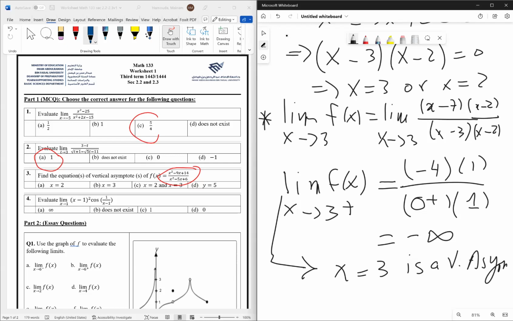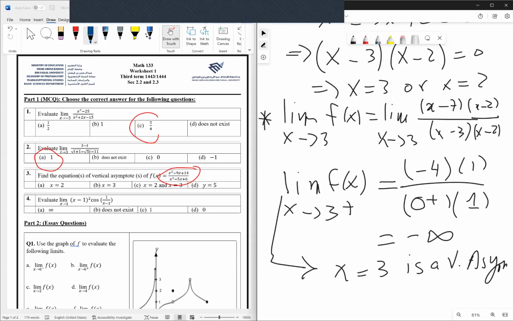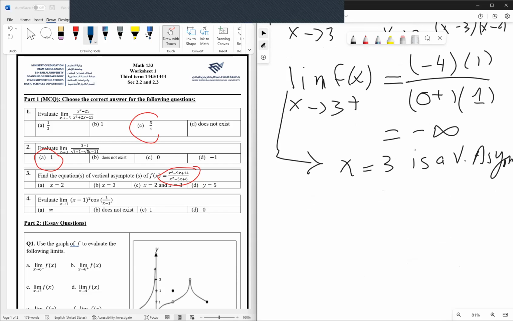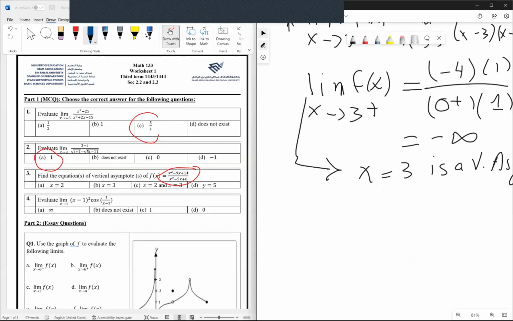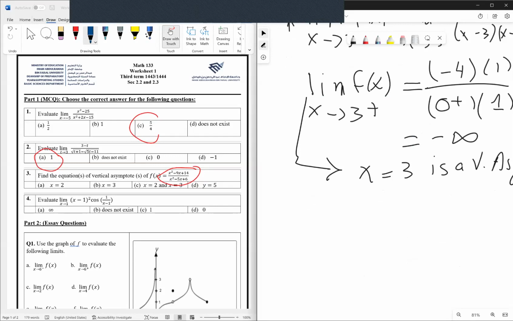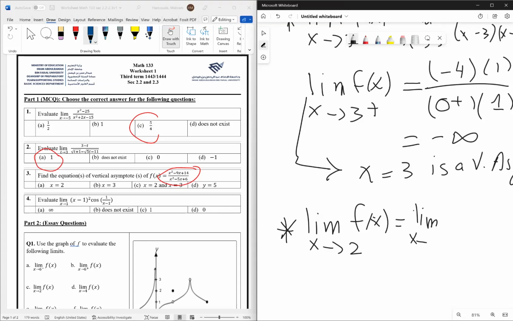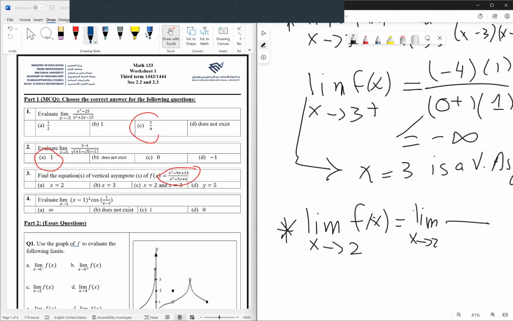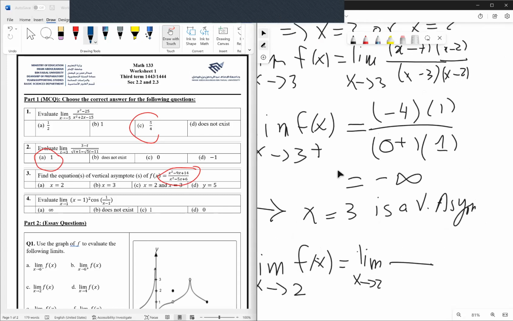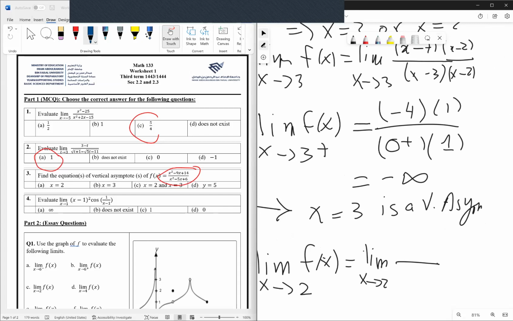Okay, now I will work on the limit when x approaches 2. So limit of f of x when x approaches 2. And remember here my factoring.